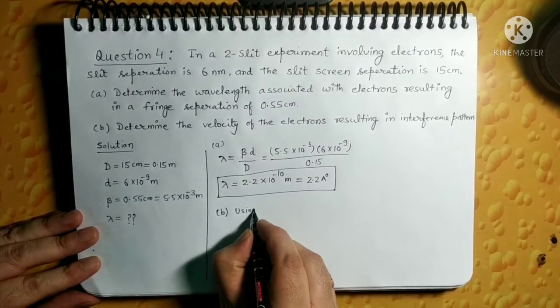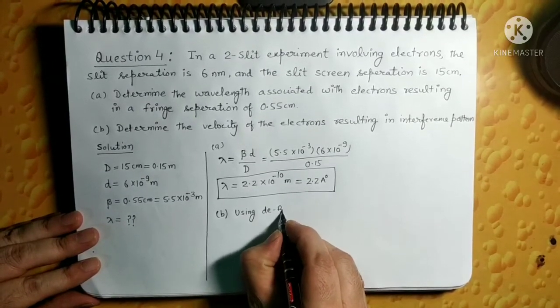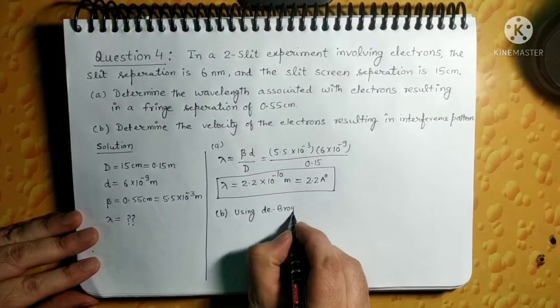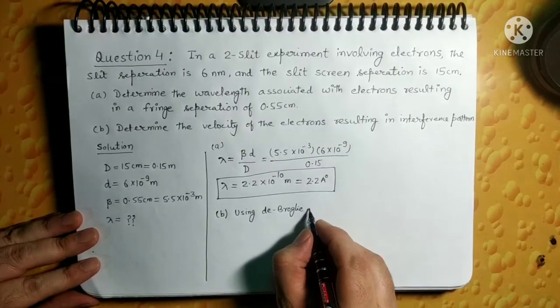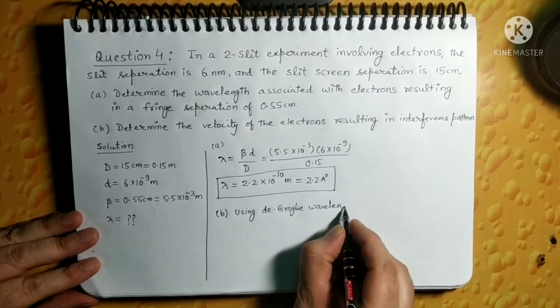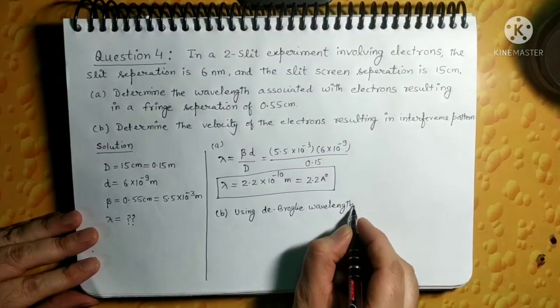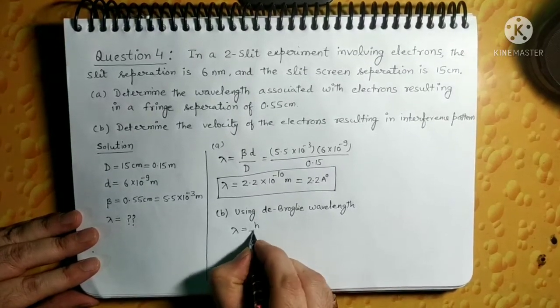So using de Broglie wavelength, what is the relation? The relation is lambda is equal to h upon p.